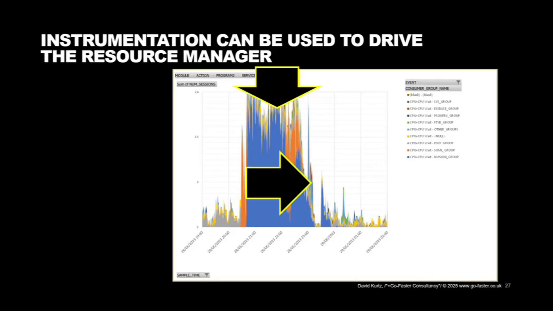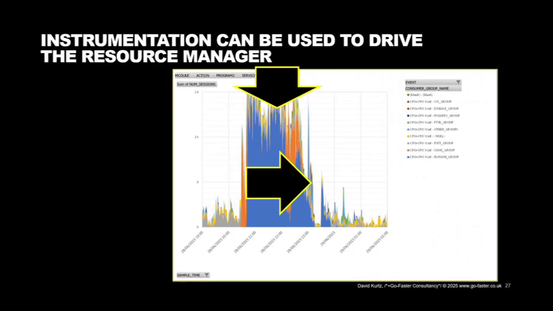And in fact, you can see this batch finished at about 11:30, and today it still finishes at about 1 a.m. on fewer CPUs. So this approach of using instrumentation to drive the resource manager has enabled them to reduce CPU cost while still delivering their business requirements.